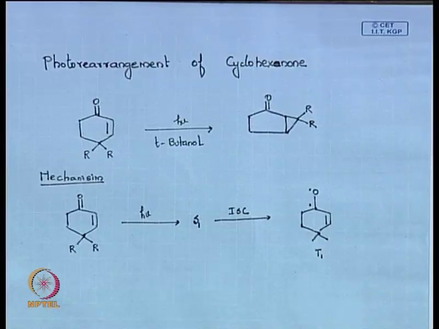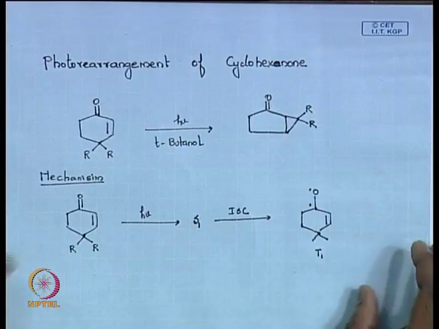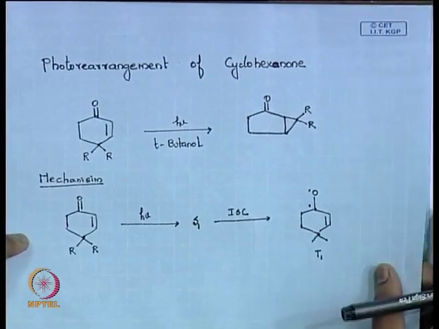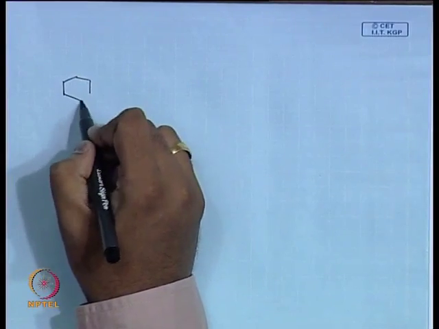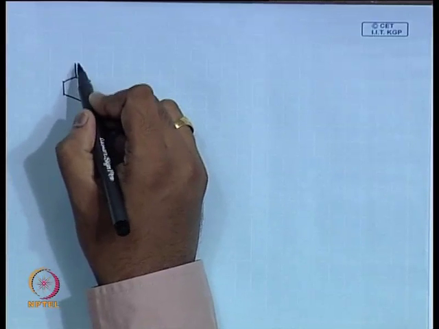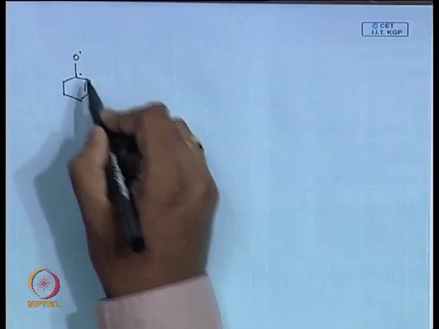So, you get this molecule. So, what happens to this molecule? Any idea what it can do? This is in the triplet state.